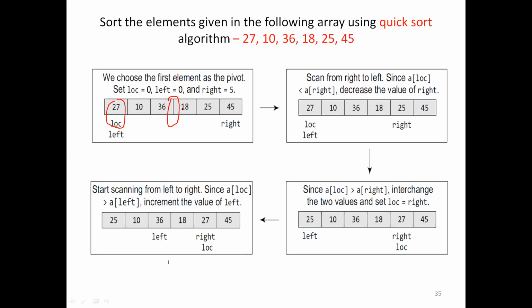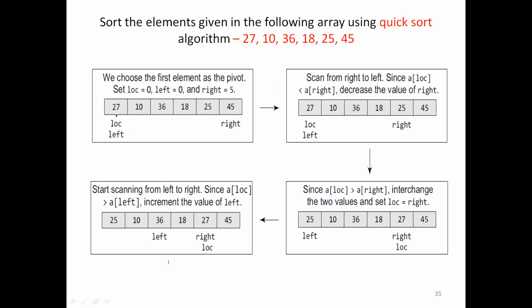If I place it like that, all the elements to the left will be lesser than 27, and all the elements to the right will be greater than 27. In such a way, I will place the 27 in the given array itself. That's what we are going to see. So we are going to find the appropriate place of the pivot element in the array. That is our logic.